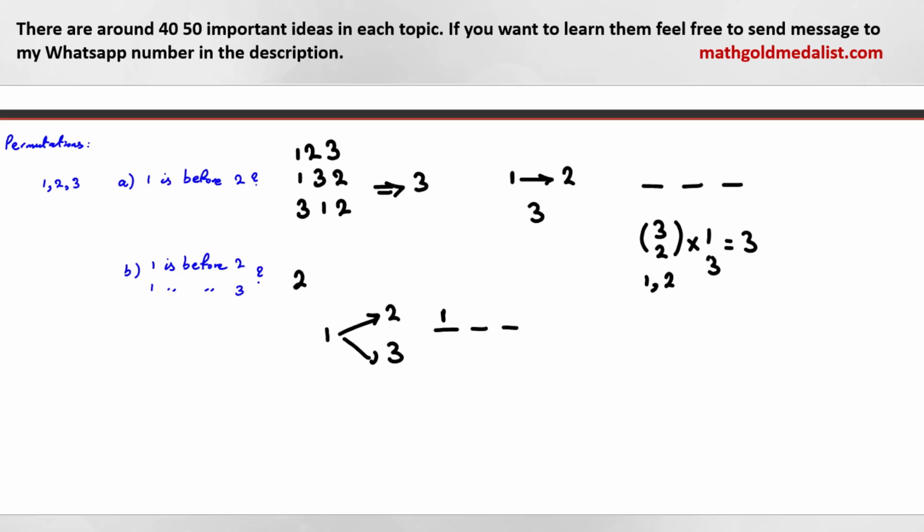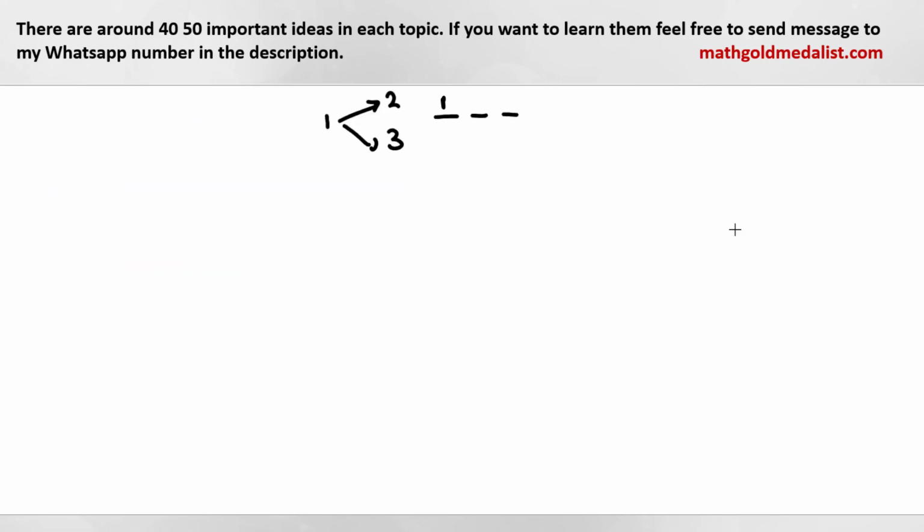Now let's solve another one that is a bit harder. Suppose we have 1 to 5, and 1 is before 2, 3 is before 4. Try this one first on your own. 30?